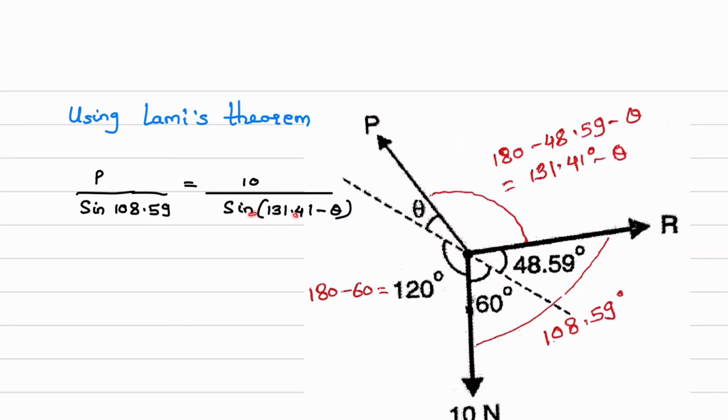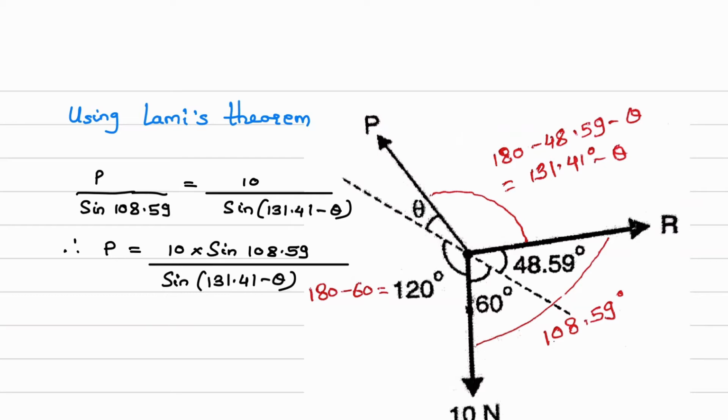Okay, so sine of 90 is 1. So in that case, you will get the P value as minimum. Okay, so I'll write it down. Therefore, P is equal to 10 into sine 108.59 divided by sine 131.41 minus theta.